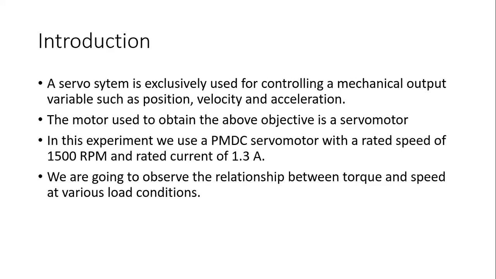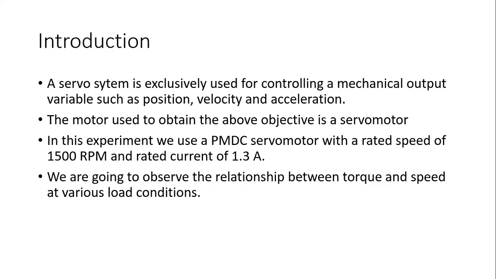So in this experiment, the servo motor that we are going to use is a PMDC servo motor having a rated speed of 1500 rpm and the rated current of 1.3 amperes. Now when we say PMDC servo motor, we basically know that the field system is given by a permanent magnet.